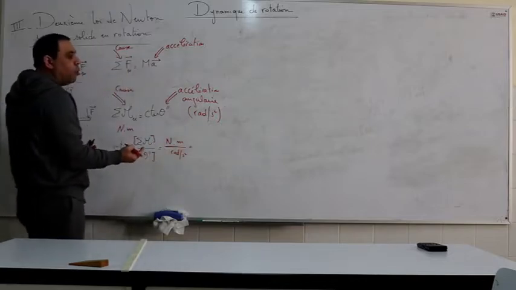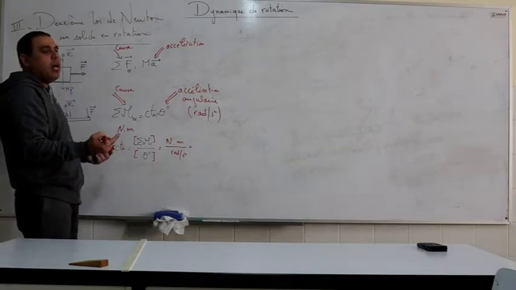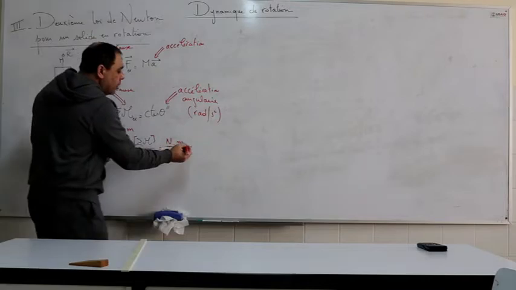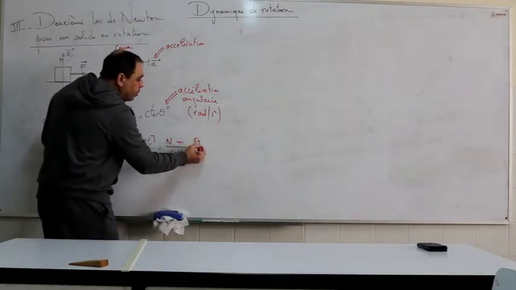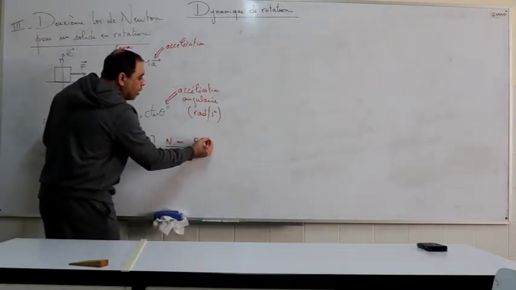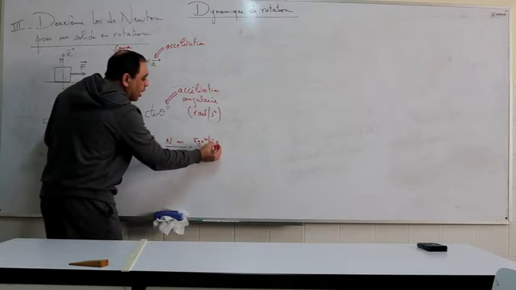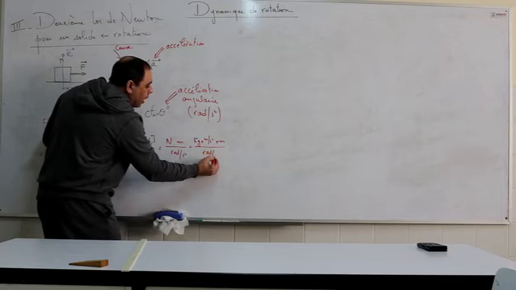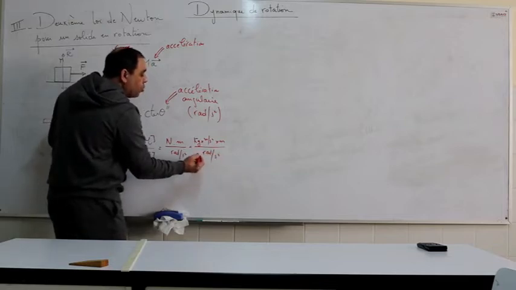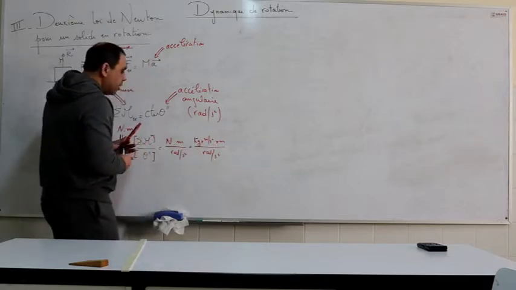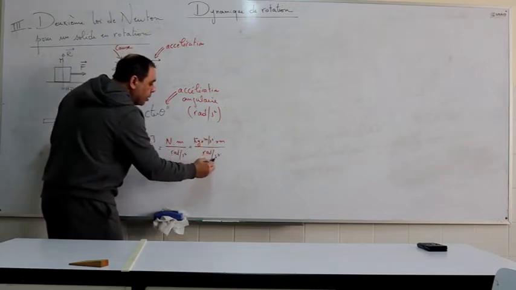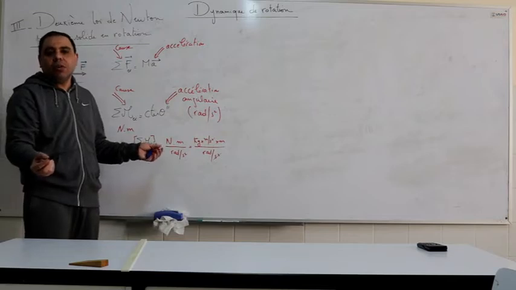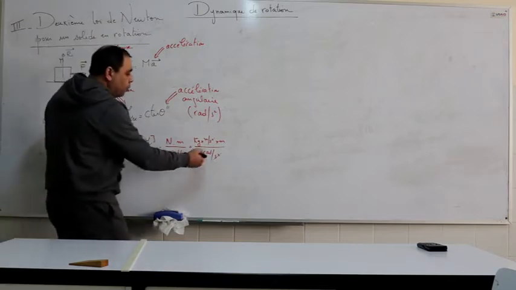The Newton is similar to the unit of m times g, for example, which is the kilogram meter per second squared, multiplied by meters, divided by radians per second squared. We can simplify the second squared from the expression, and the radian as a unit has no effect.